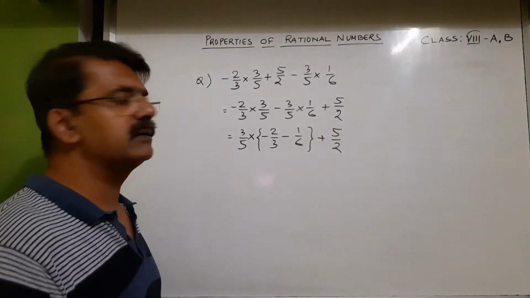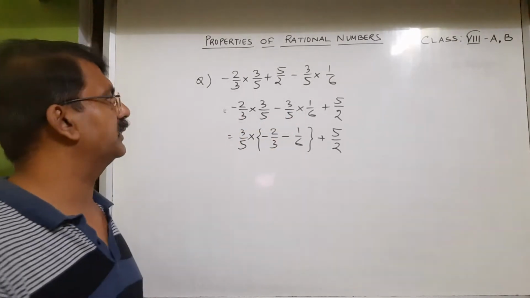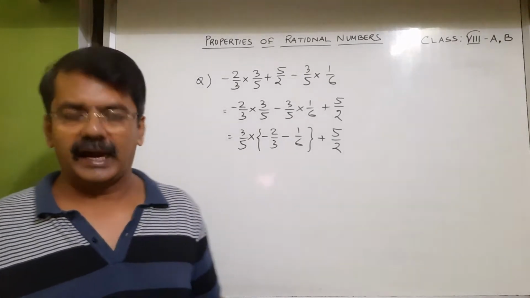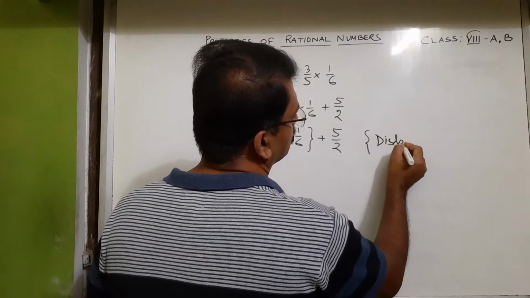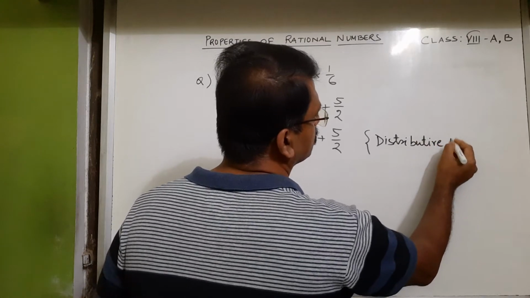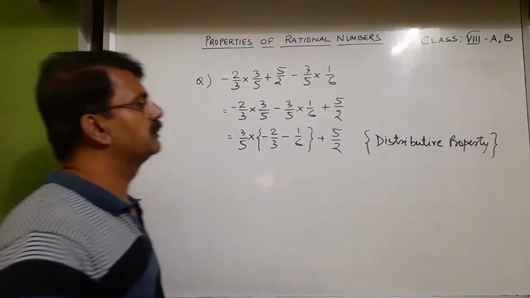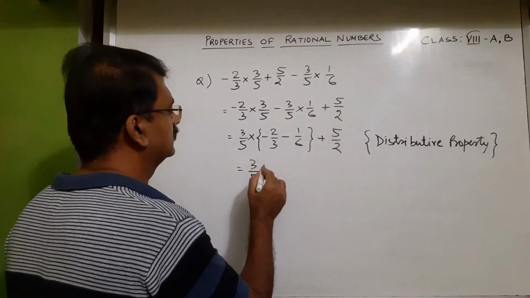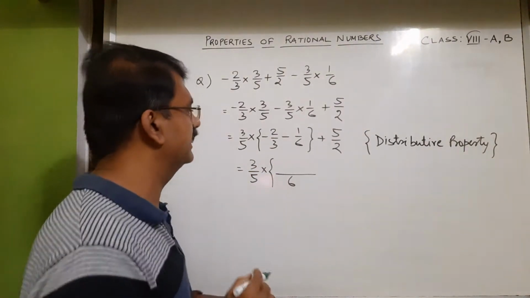This is nothing but the distributive property. You see, it is the distributive property of multiplication over addition. So now 3 by 5 into, now 3 and 6 can be taken as LCM.